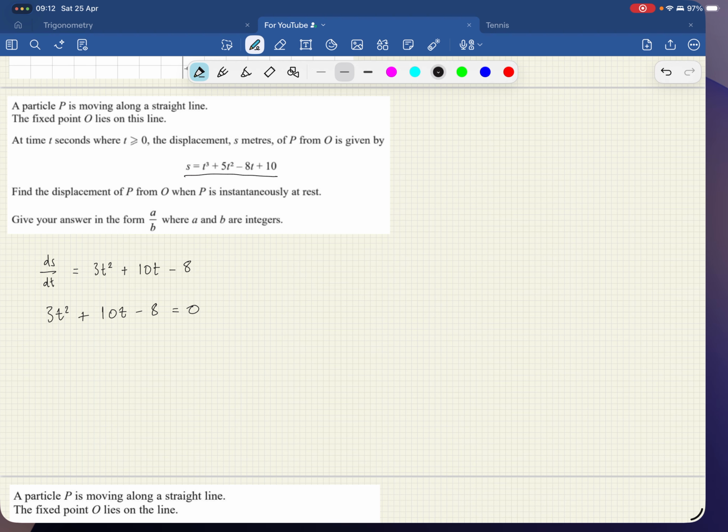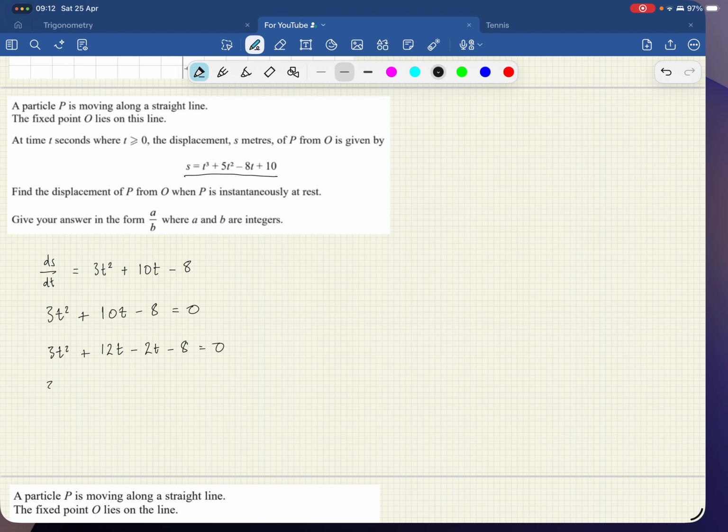Okay, this is important because in the next one I'm going to show you this is not what we want to do, because we're not asked to find out when we're at rest, but we'll come to that later on. Okay, so we need to split this middle term. It's minus 24, so I think that's plus 12 and minus 2. So 3t squared plus 12t minus 2t minus 8 is 0.